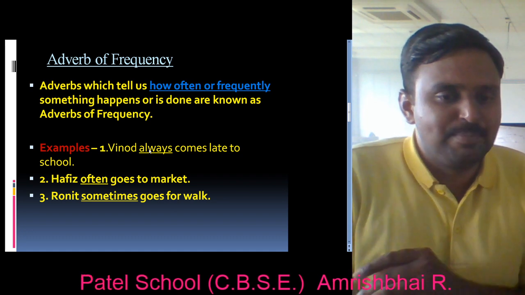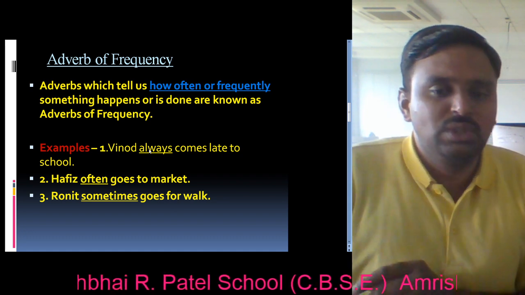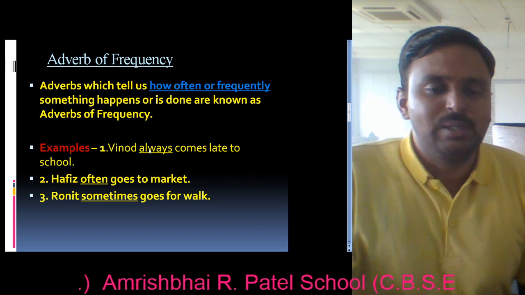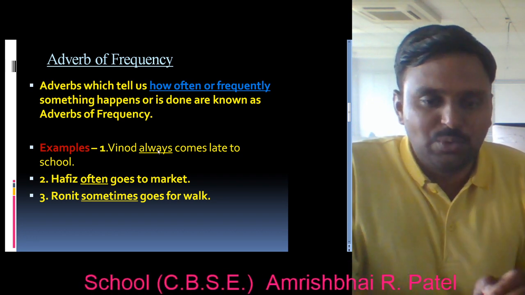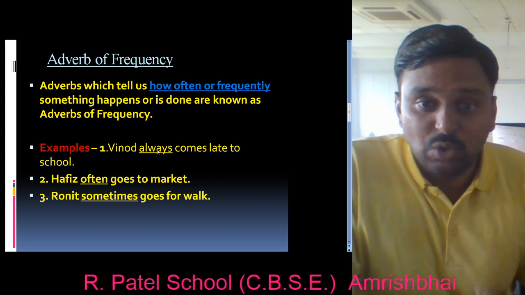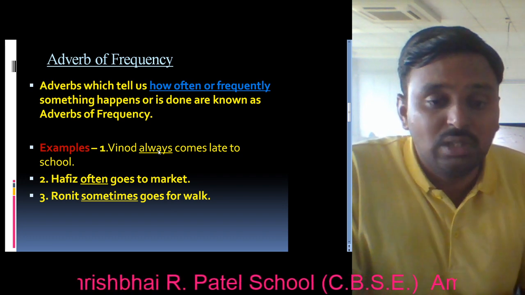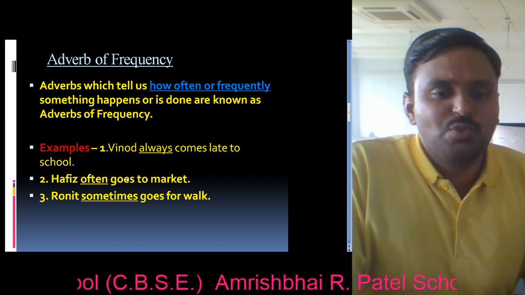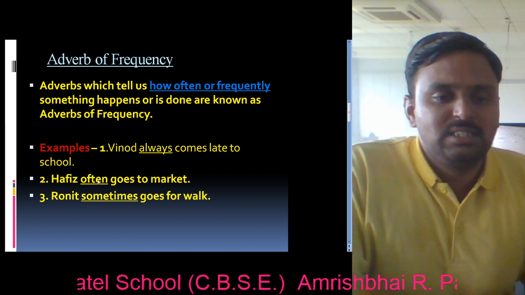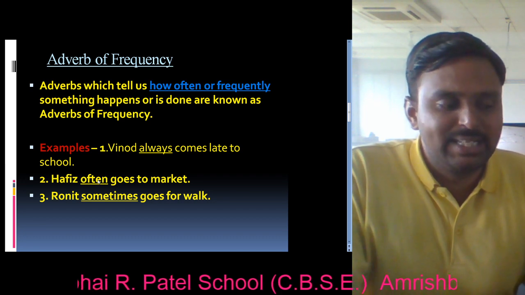If you look at the examples, the first example, Vinod always comes late to school. Now here, the word always tells you how many times Vinod has come late to school. So always is an example of an adverb of frequency. Let's go for a second example. Hafiz often goes to the market.